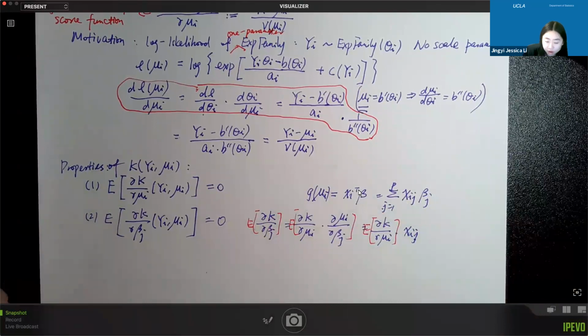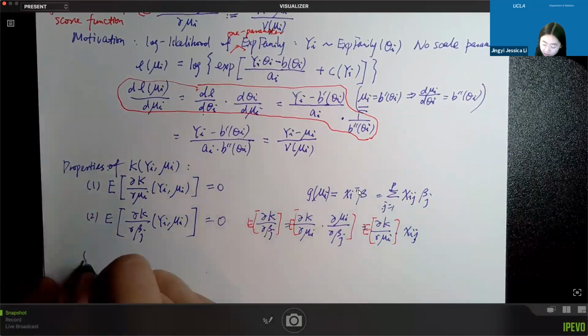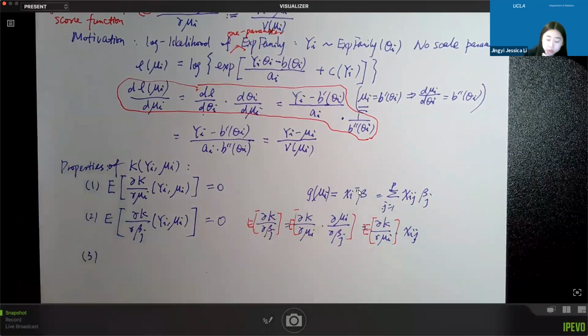And the third property is something like our Fisher information. When we take the quasi likelihood's twice differentiation, that will give us what we call the Fisher information.